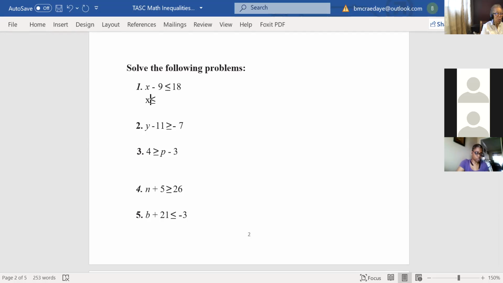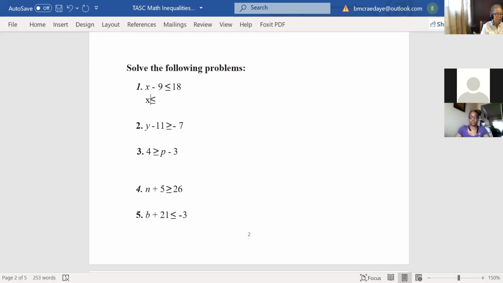X less than or equal to what? Maureen, X less than or equal to what? Vanessa, you know what it is? X less than or equal to what?